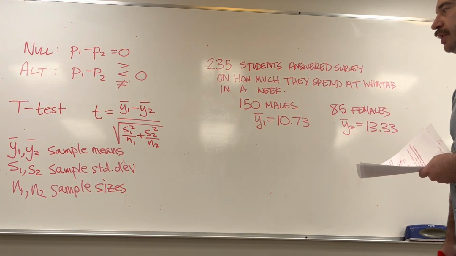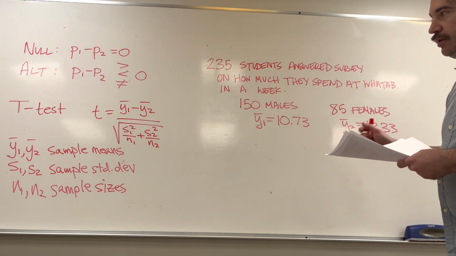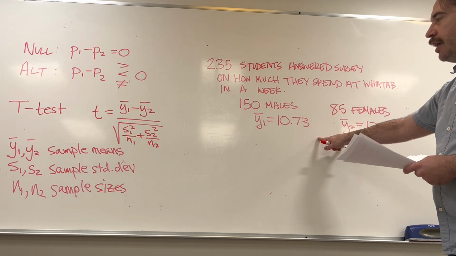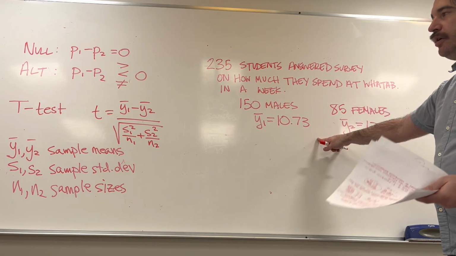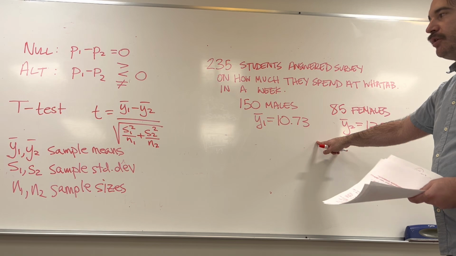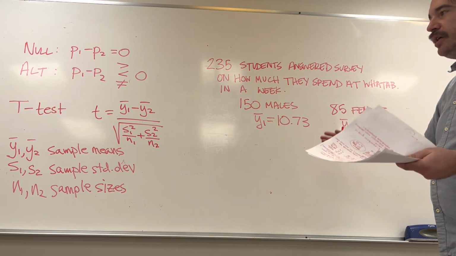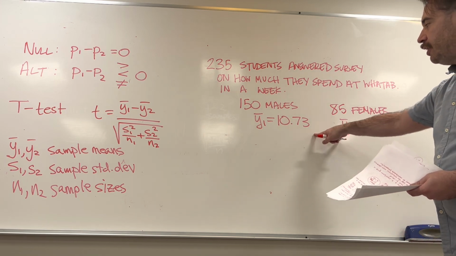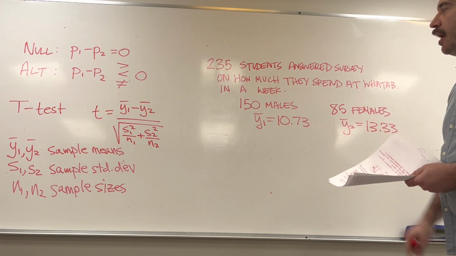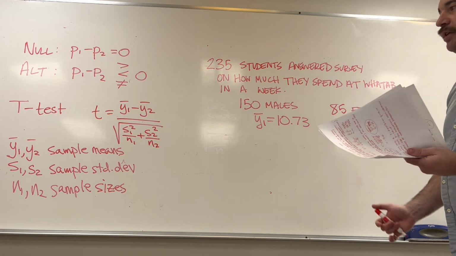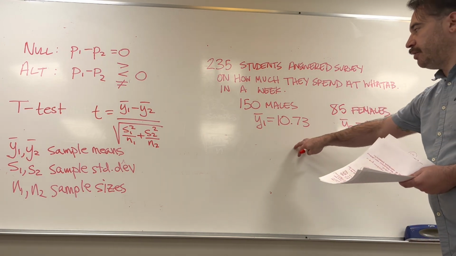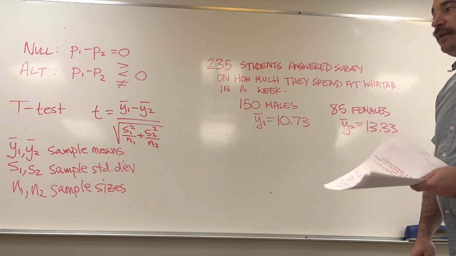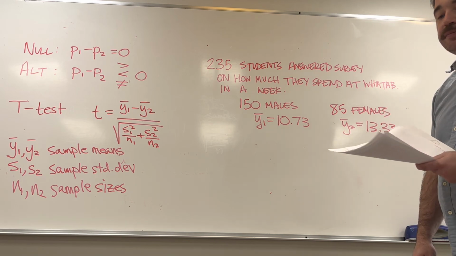So what we're going to do with the data is use our t-test and figure out, are these numbers a result of just regular random sampling? So are they different just because we're taking random samples and they should be a little bit different every time? Or are these two different enough that we would want to take note of that and say, either this population or this population spends more definitively on Whataburger in a given week?